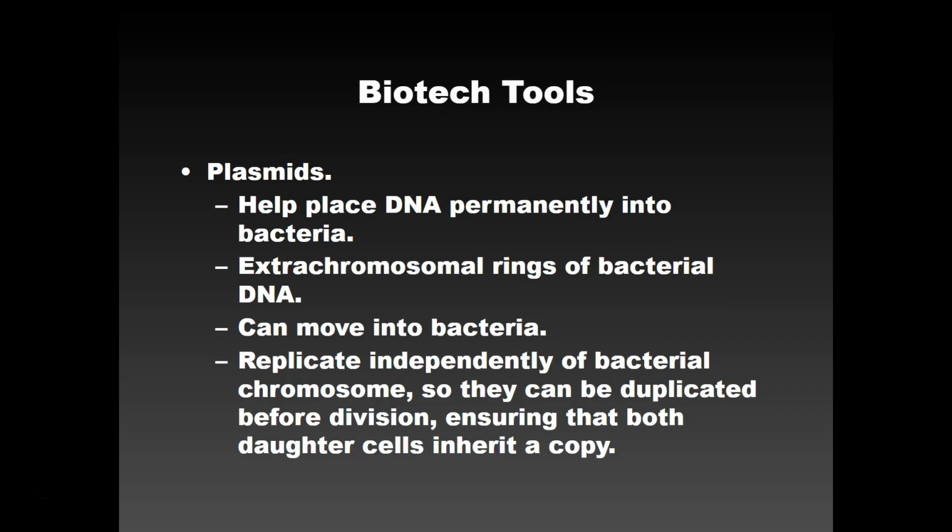These plasmids contain certain genes. Let's say you have a gene that's going to make, this is dumb, but let's say a bacteria turn purple, and you have it on a plasmid. You could just take that plasmid and put it into another bacteria, and guess what? That bacteria is going to be turned purple. Okay?